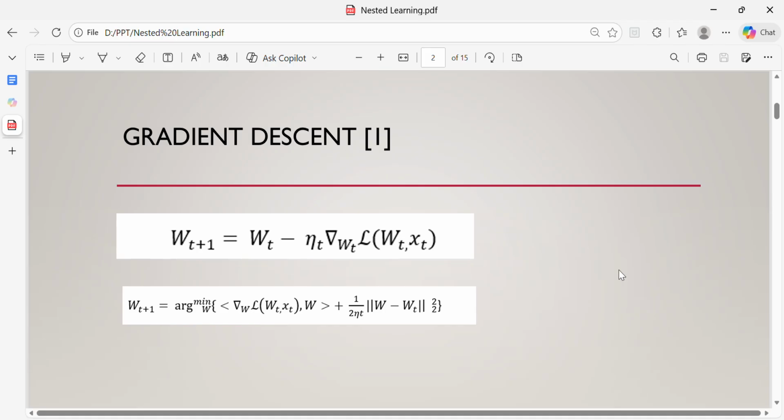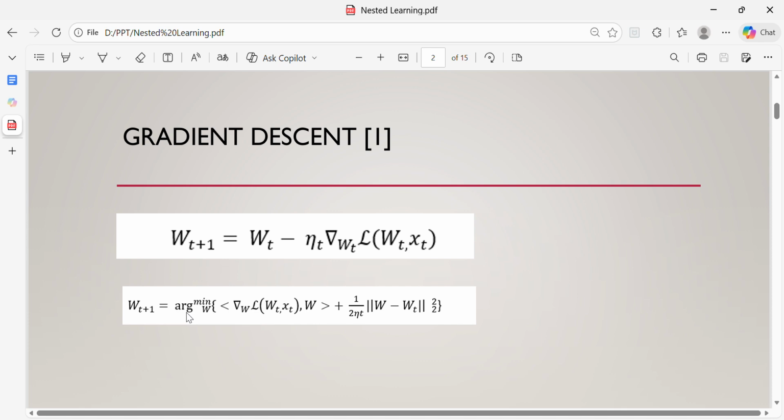We all know what L is; we'll discuss the values L can take in a separate presentation, and in brief I'll explain what L can be at the end of these slides. Now the authors have written an equivalent definition of gradient descent. This second one is the one that we would be more frequently using in this paper. This is around a 52 page paper, and we are covering it in a few slides to know what the gist is all about, right? There are other parts of this paper that I would be discussing separately.